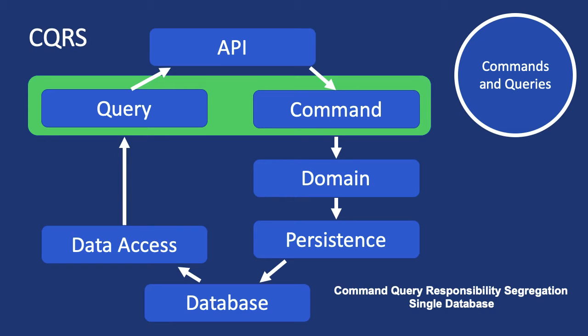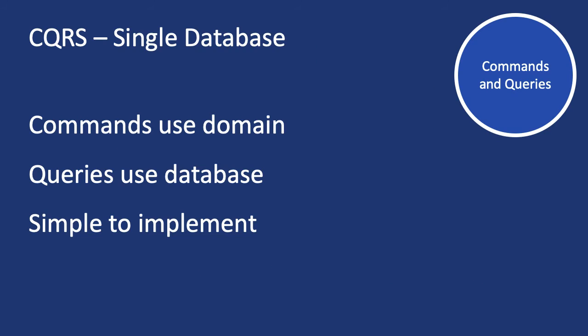Now, this is the simplest method of implementing CQRS with a single database, and it's hard to define any significant performance benefits from doing it this way because both our write queries and our read queries are going to the same database. In the case of a single database, our commands use a domain, our queries use a database, and it is simple to implement.